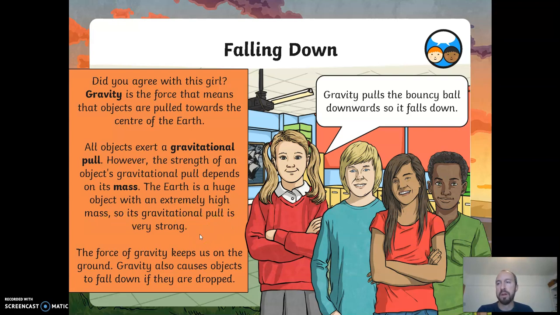That's why the moon goes around the Earth. We have gravity that keeps it revolving around us, orbiting around us, I should say. The force of gravity keeps us on the ground, and gravity also causes objects to fall down if they are dropped.